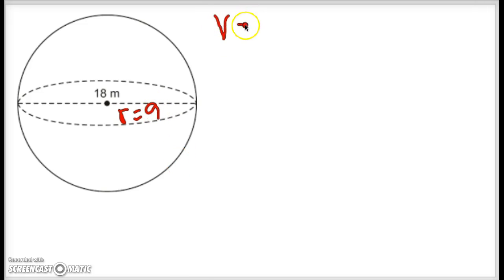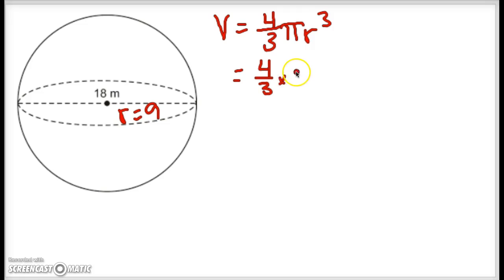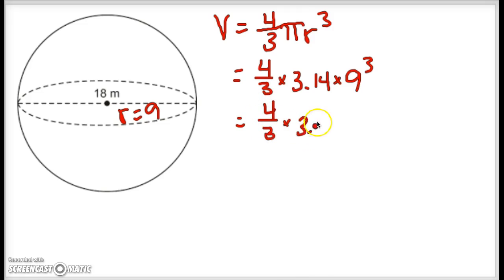So again, I'll start out writing my formula, 4/3 pi r cubed. 4/3 times 3.14 times your radius, which is 9, cubed. Okay, 9 cubed we just figured out earlier was 729.